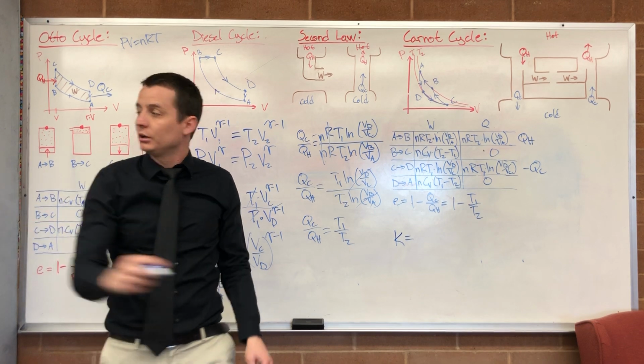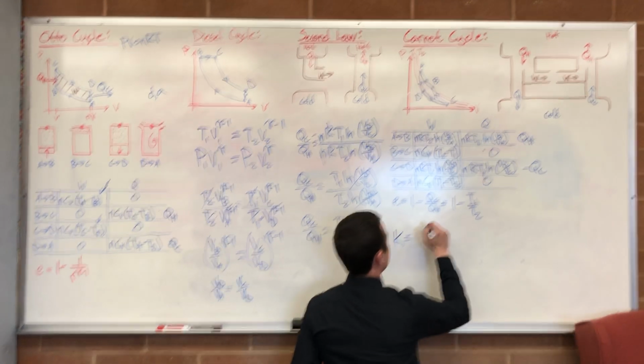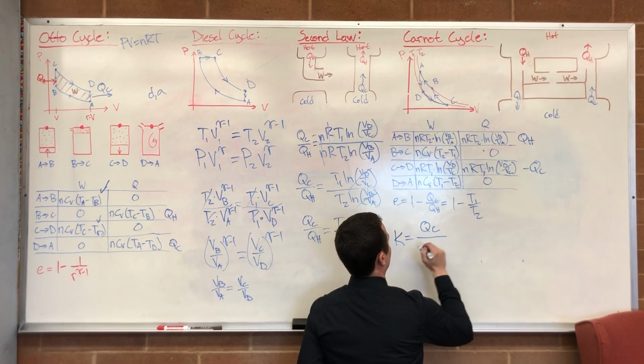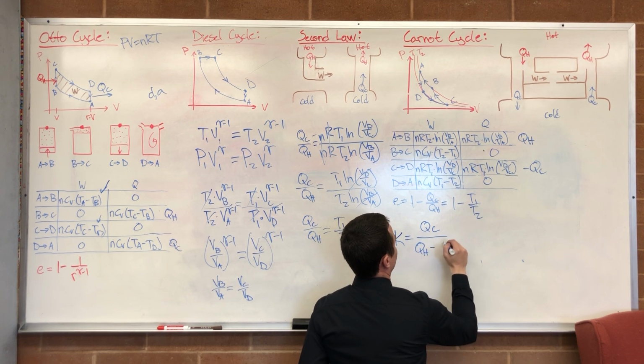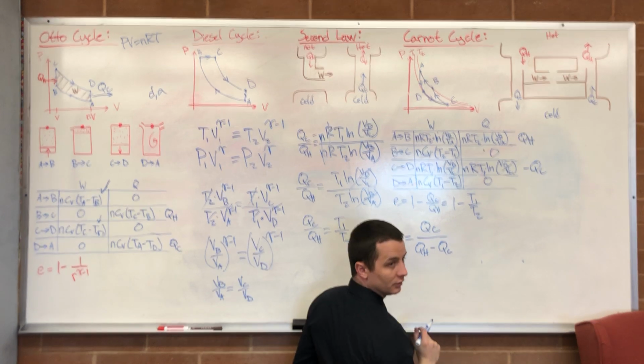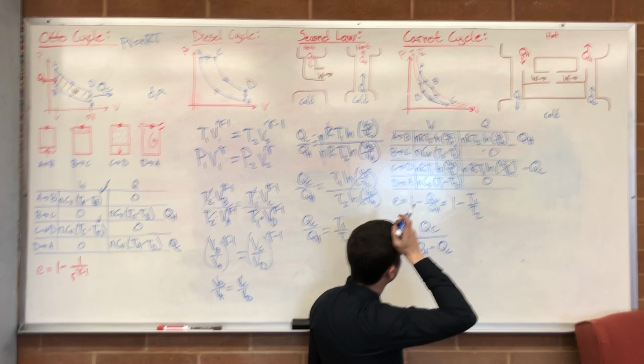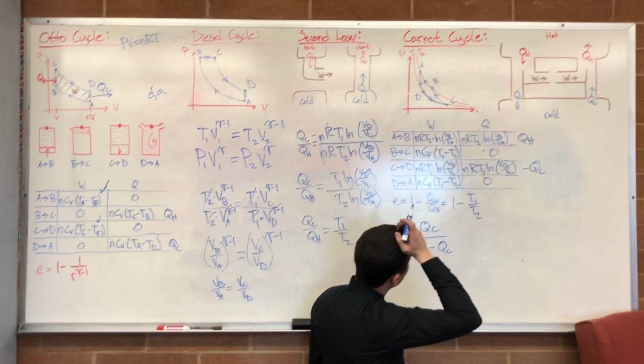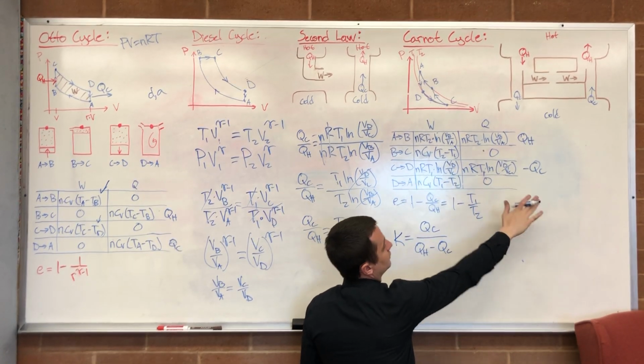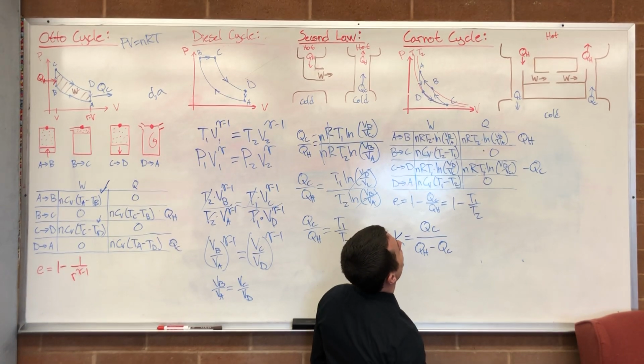Well, K, notice, is equal to QC over QH minus QC, right? Wouldn't that change some of the orders of T2s and T1s and VDs and VCs? Sure.